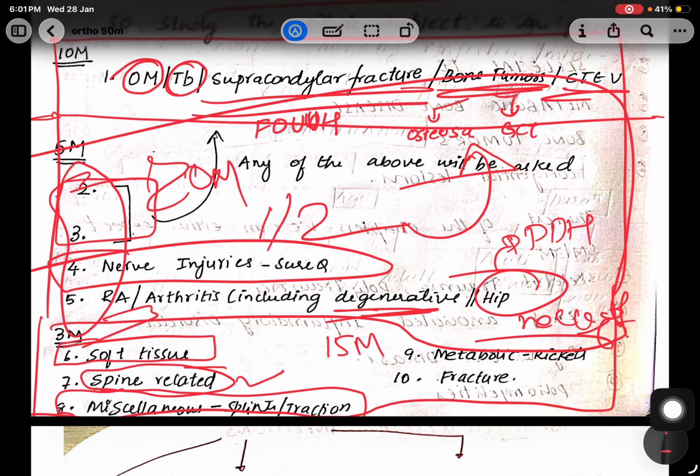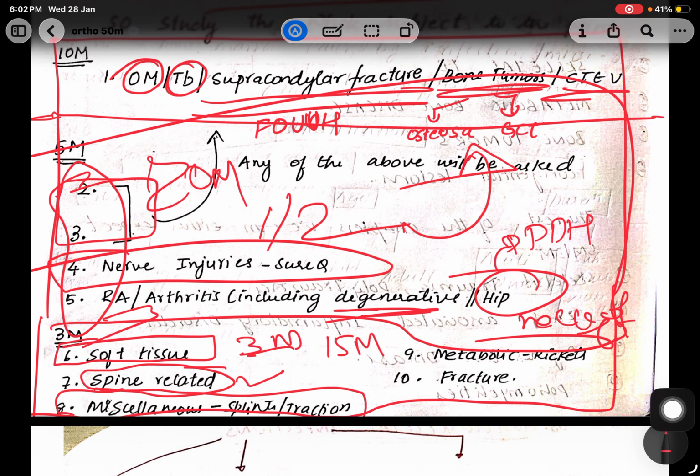All these questions are very important and will be asked as a 5 marker or 3 marker for a fact. Whenever you sit in an orthopedics OPD, these are the things you encounter most after fractures. So sound knowledge of soft tissue injuries is a must, not only for your exam but also for your practice.